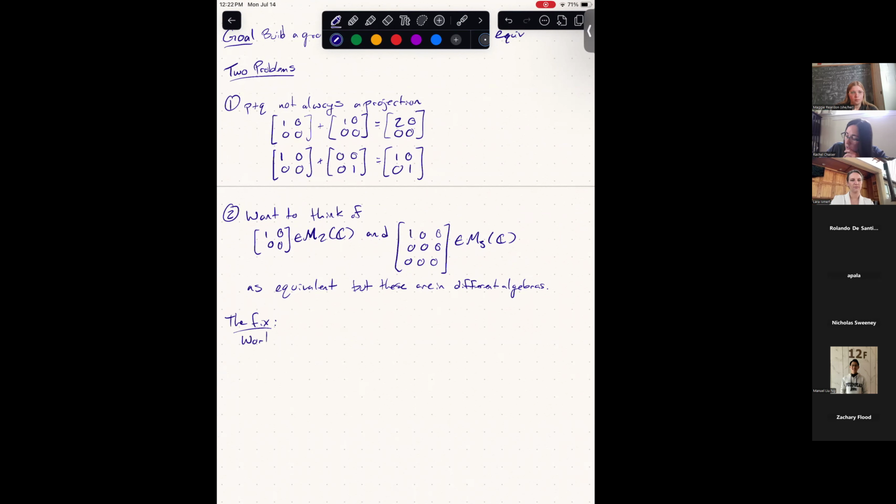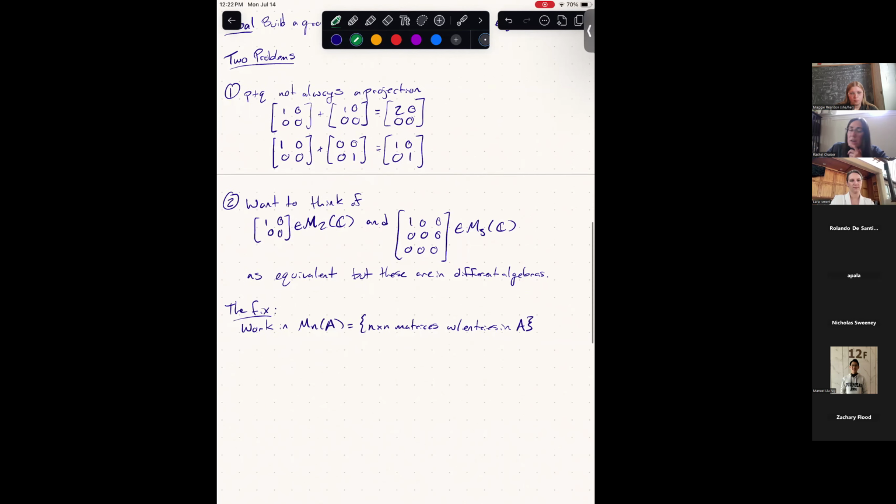So we're going to work in Mn of A, the set of all n by n matrices with entries in our C-star algebra A. If you haven't seen this yet, it's naturally a C-star algebra with the usual matrix operations: component-wise addition, matrix multiplication, all of that.